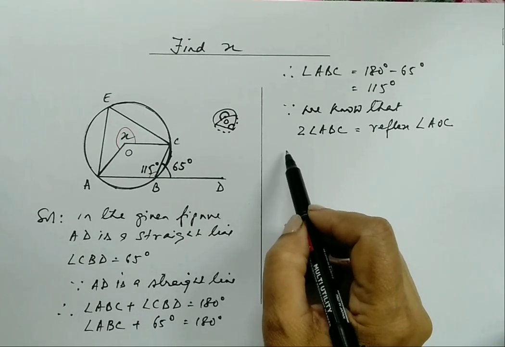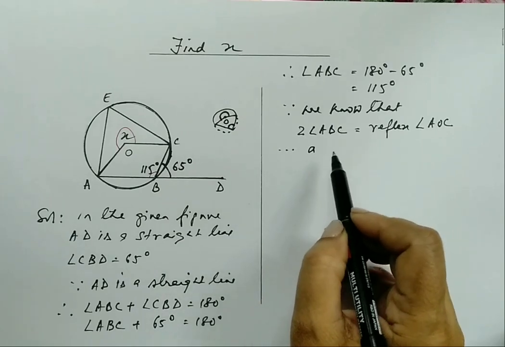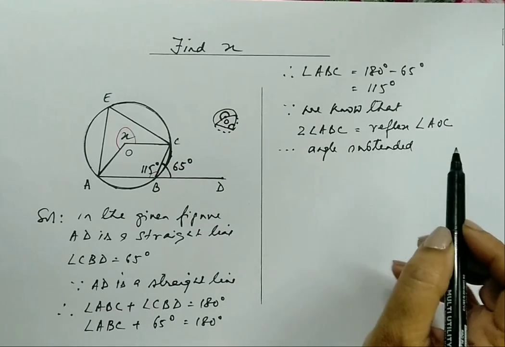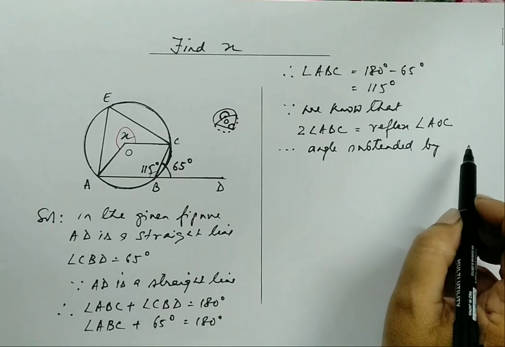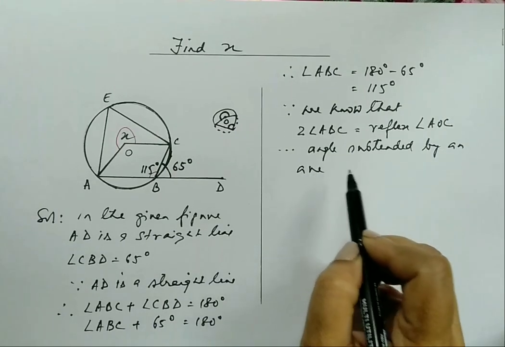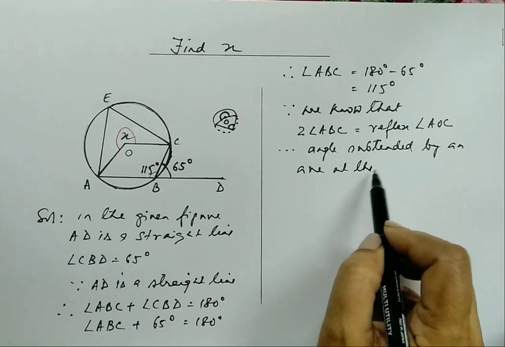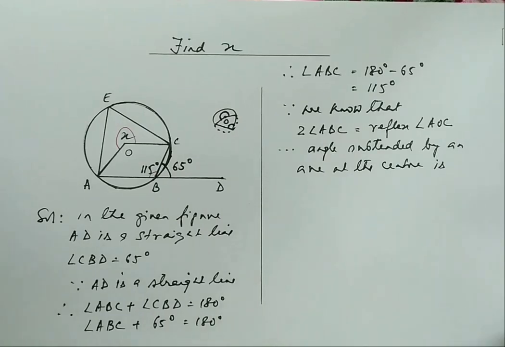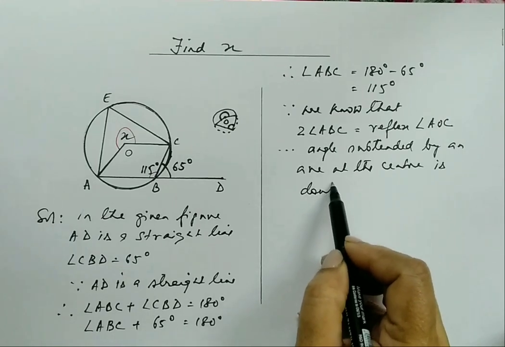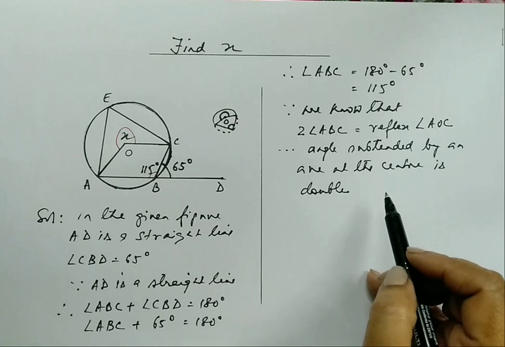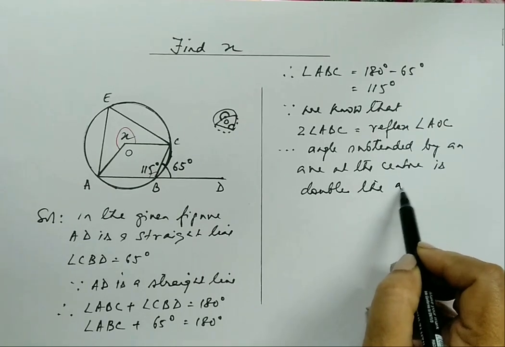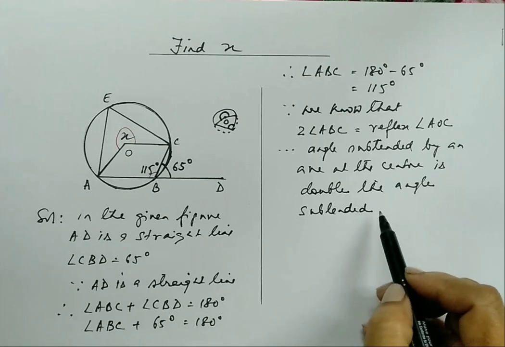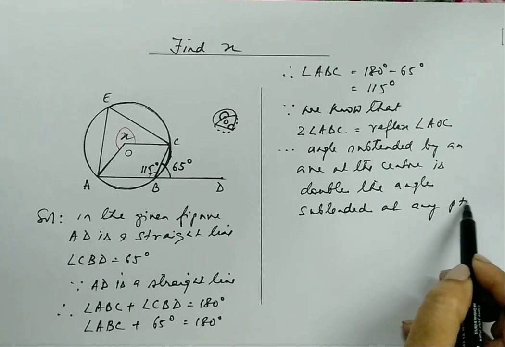Because the angle subtended by an arc at the center is double the angle subtended at any point on the remaining part of the circle.